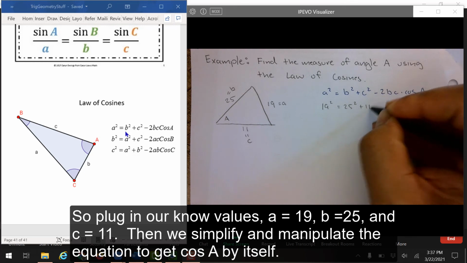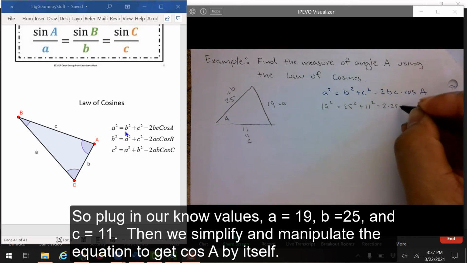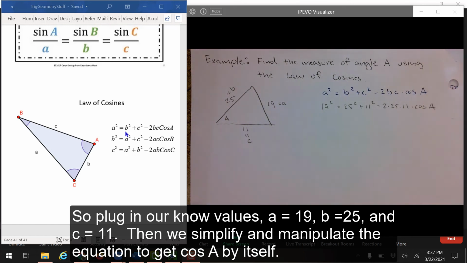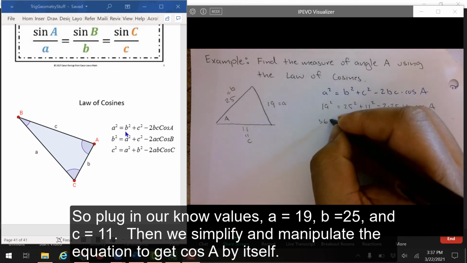So plug in our known values. A equals 19, B equals 25, and C equals 11. Then we simplify and manipulate the equation to get cosine of A by itself.